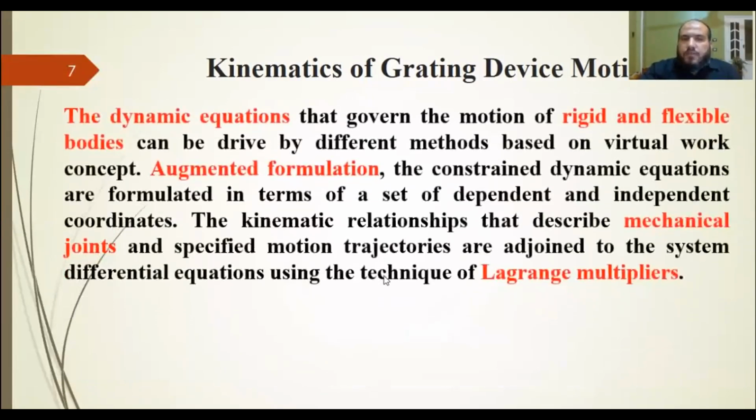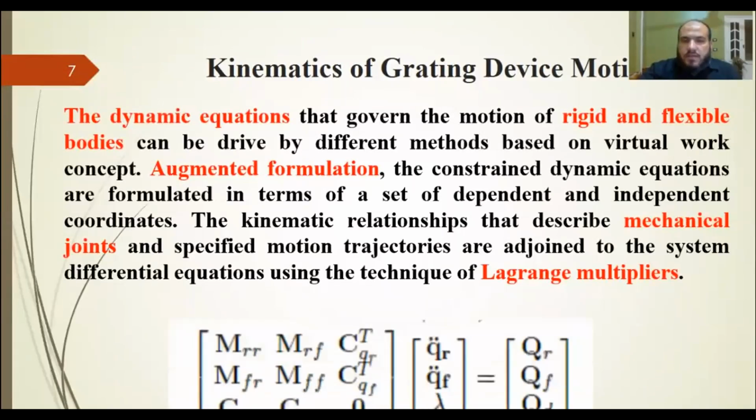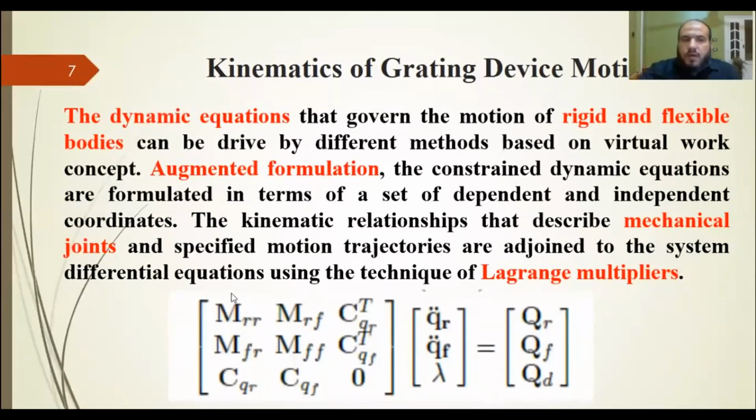The dynamic equation of motion that defines the motion of the rigid body and the flexible body can be derived using augmented formulation in this form, where MRR is the mass matrix of the rigid body, MFF is the mass matrix of the flexible body, CQ is the Jacobian matrix which can be derived from the constraint equation, the partial derivative of the constraint equation by the generalized coordinates.